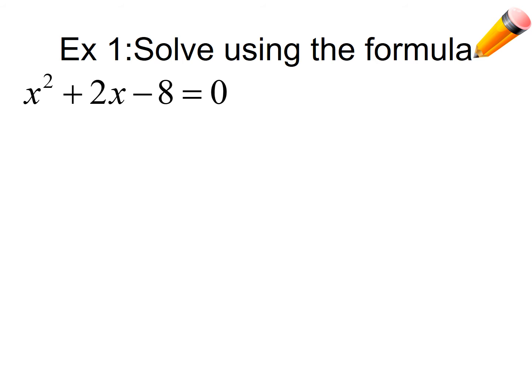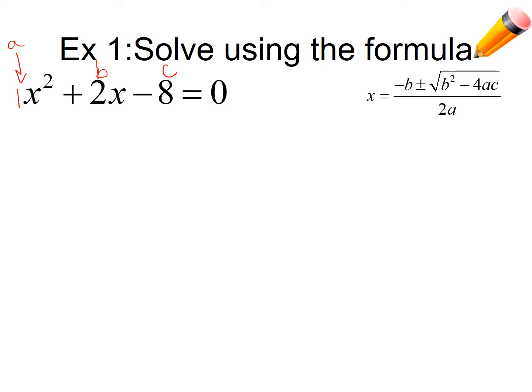Using this formula, if you don't remember what the formula is, you have to reference it. It should be negative b plus or minus the square root of b squared minus 4ac all over 2a. So my a in this equation is that guy, which is a 1. This is my b, and then this is my c.